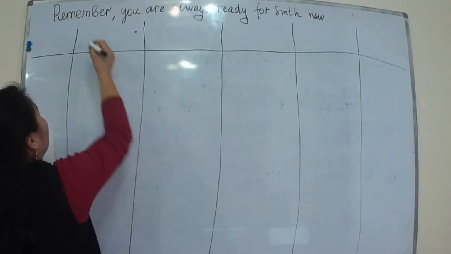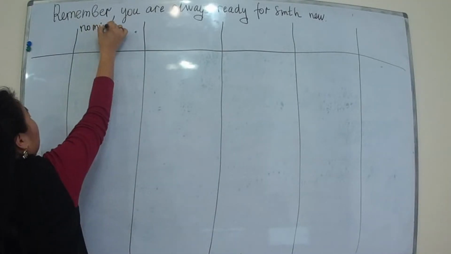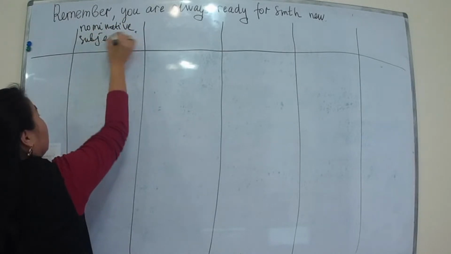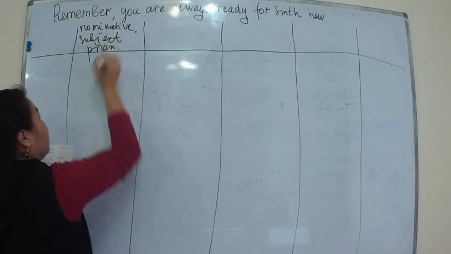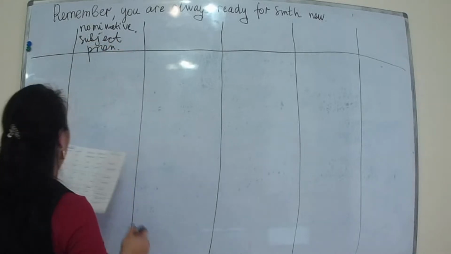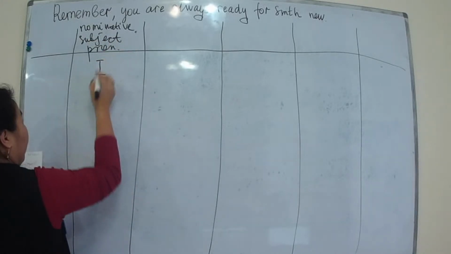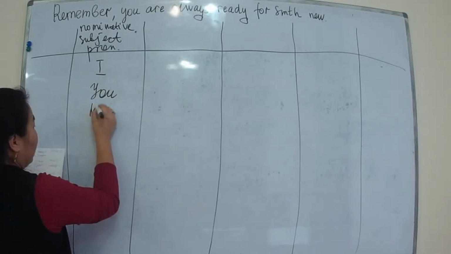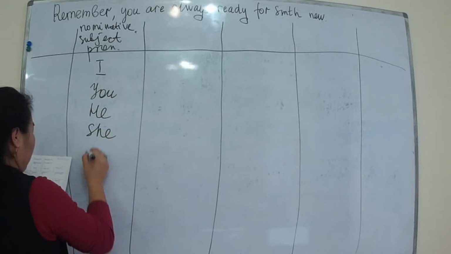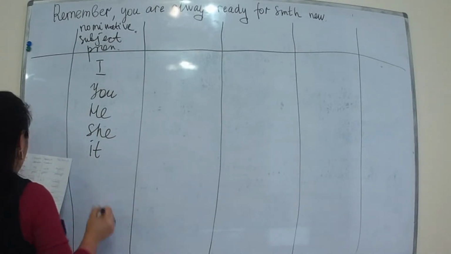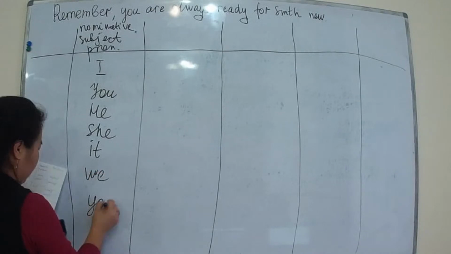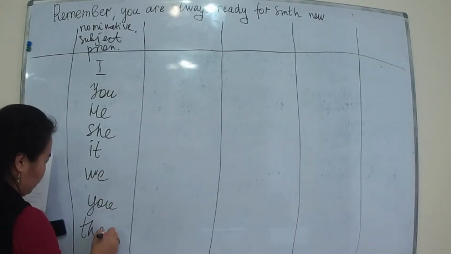It is nominative, subject, pronouns. And here we have I, you, he, she, it, we, you, and they.